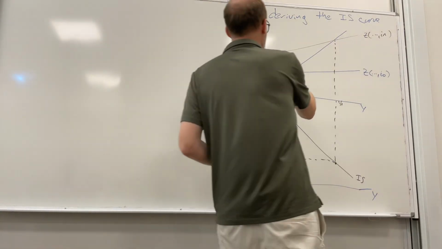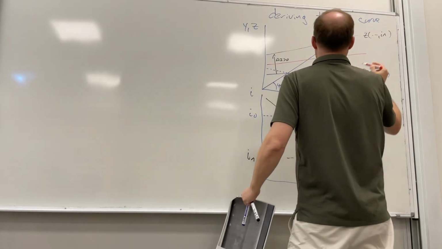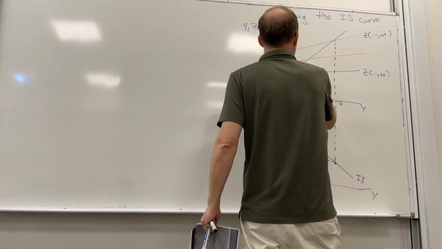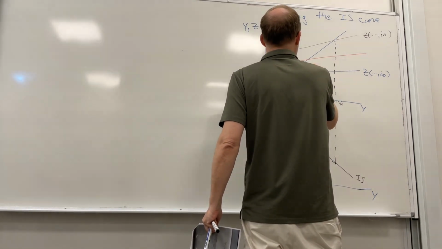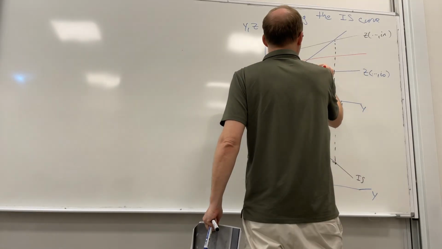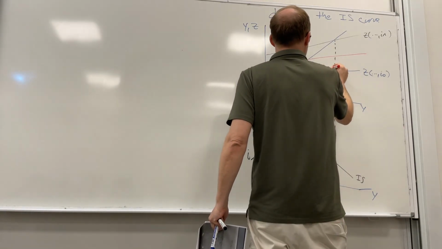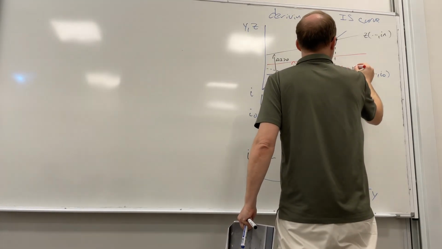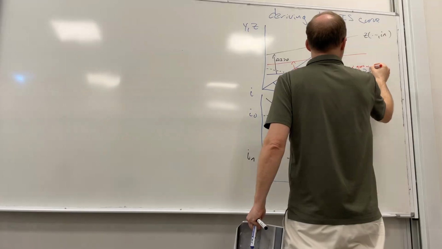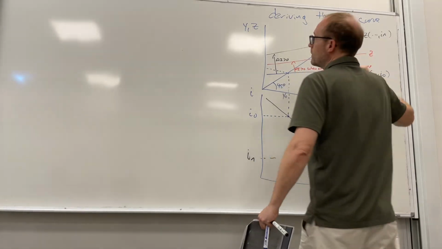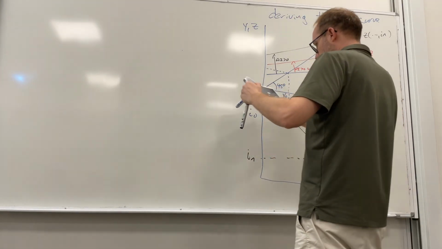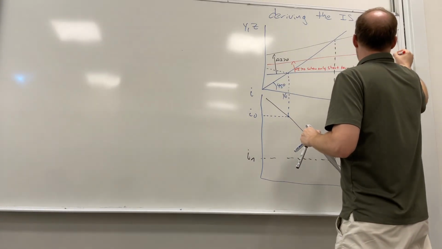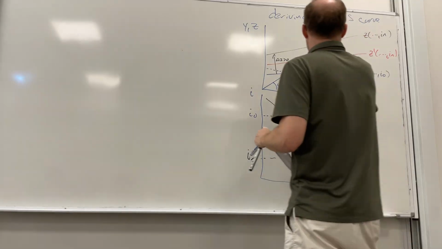So what we're saying here is that maybe this increase in investment is smaller when only short term goes up. We'll call this Z prime at I1.